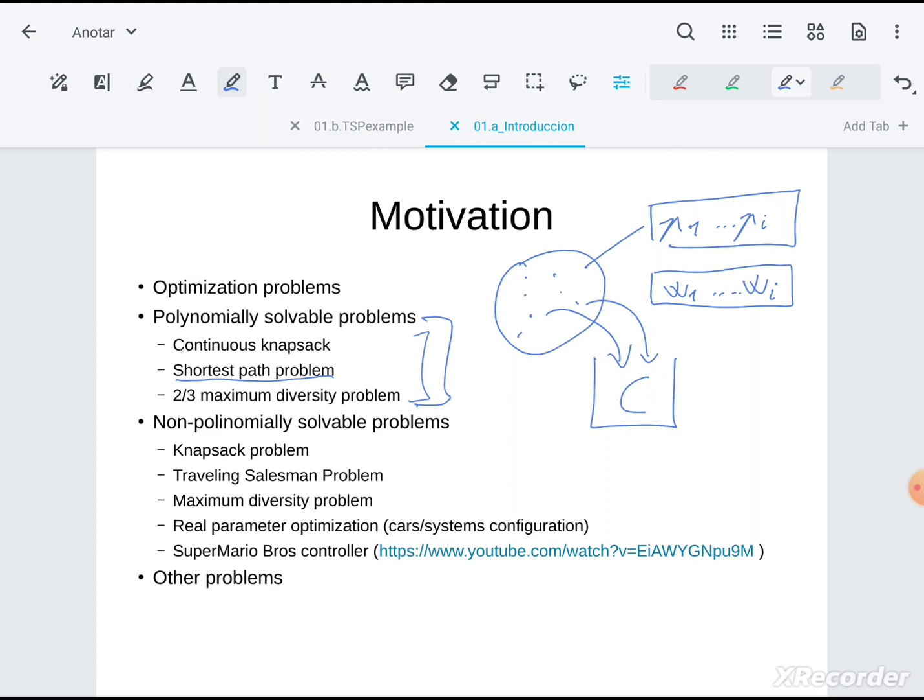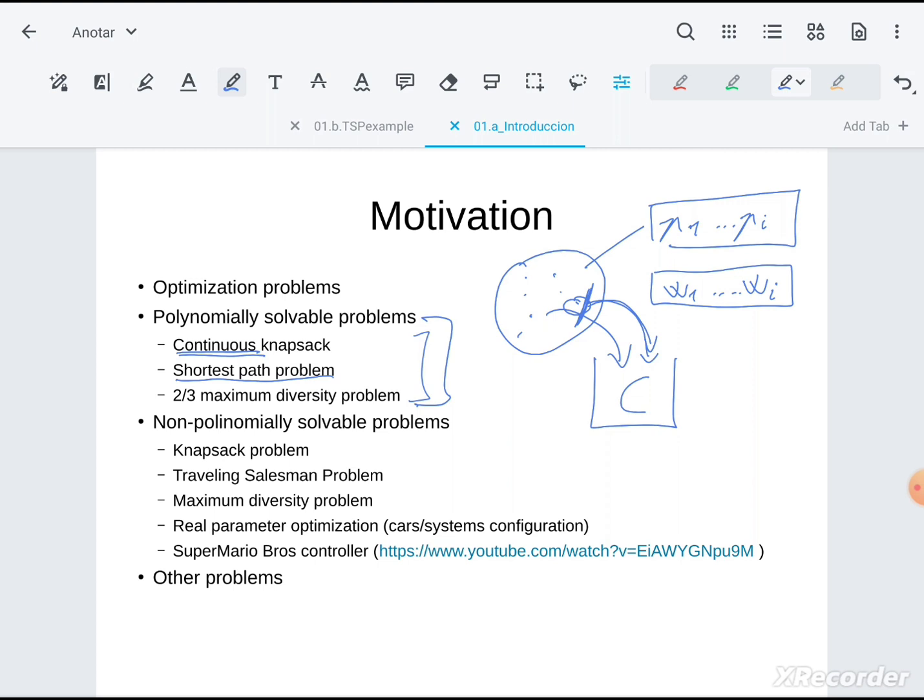If you are allowed to split objects, I mean, for instance, you can take a portion of this object, then there is an algorithm that provides you with the optimal solution, and it runs in polynomial time.